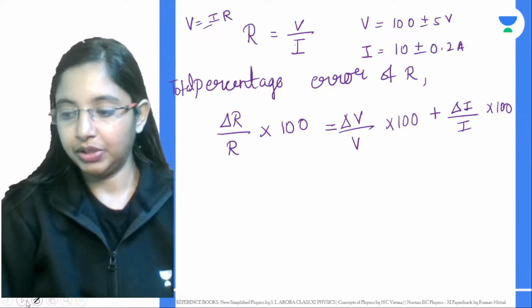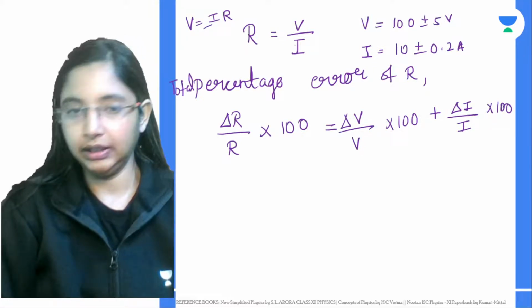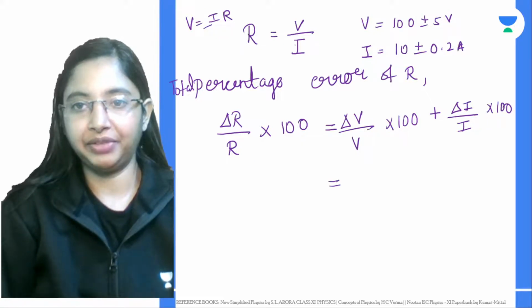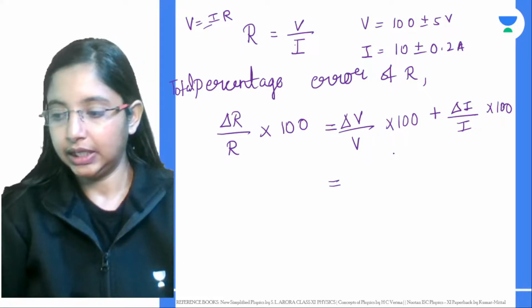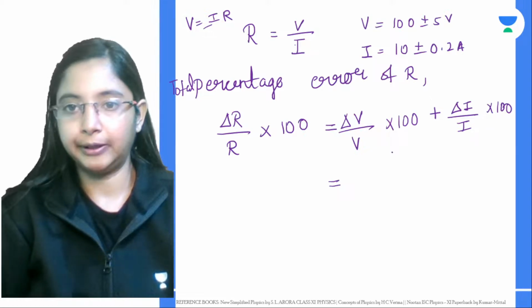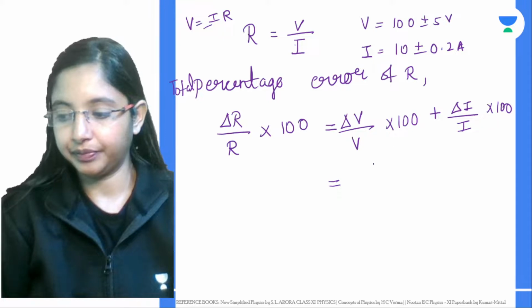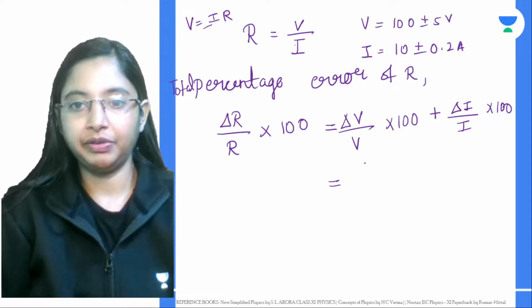So from here, if you are writing delta V by V into 100, this will be 5 by 100 into 100 percent.